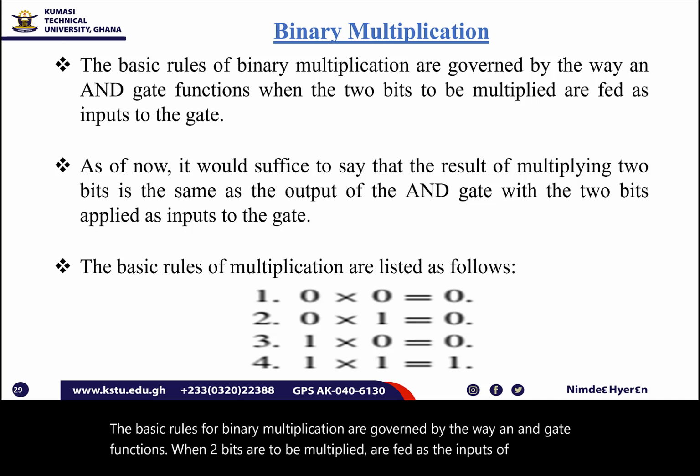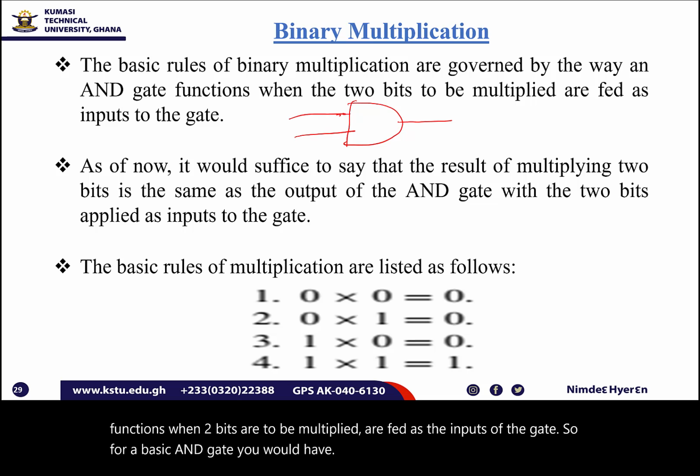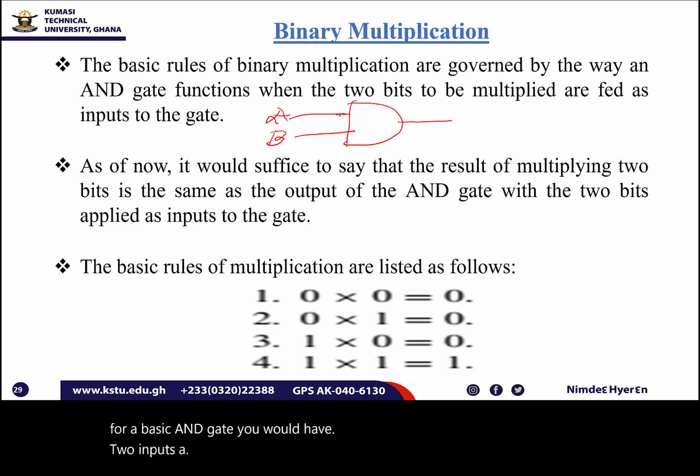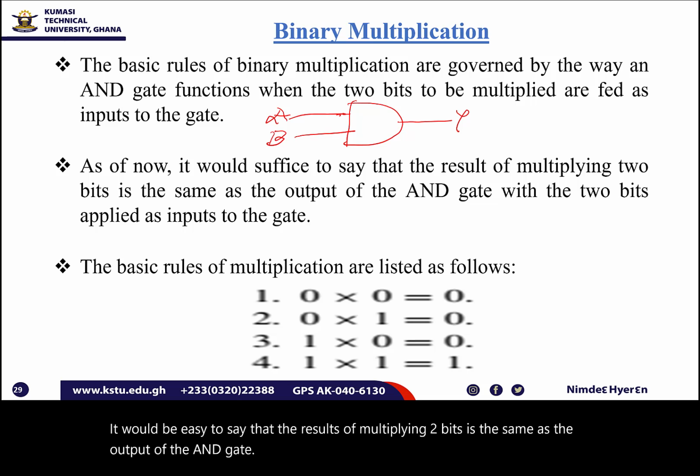So for a basic AND gate, you would have 2 inputs, A and B, and then you have the output, let's say Y. It would be easy to say that the result of multiplying 2 bits is the same as the output of the AND gate with the 2 bits applied as the input.